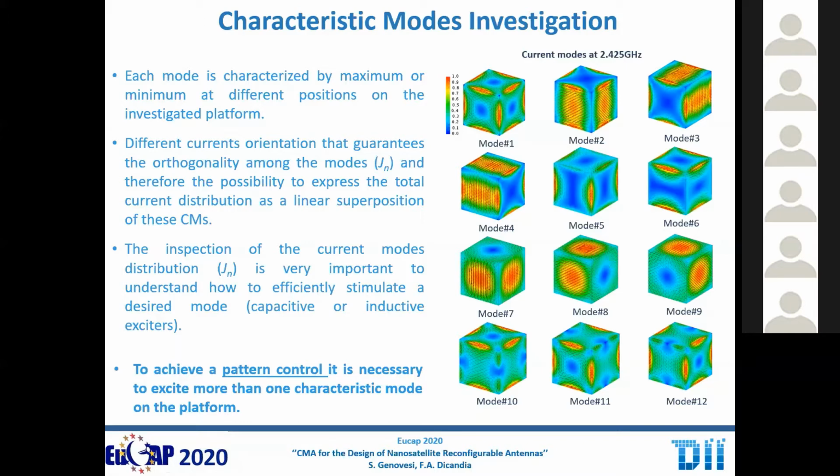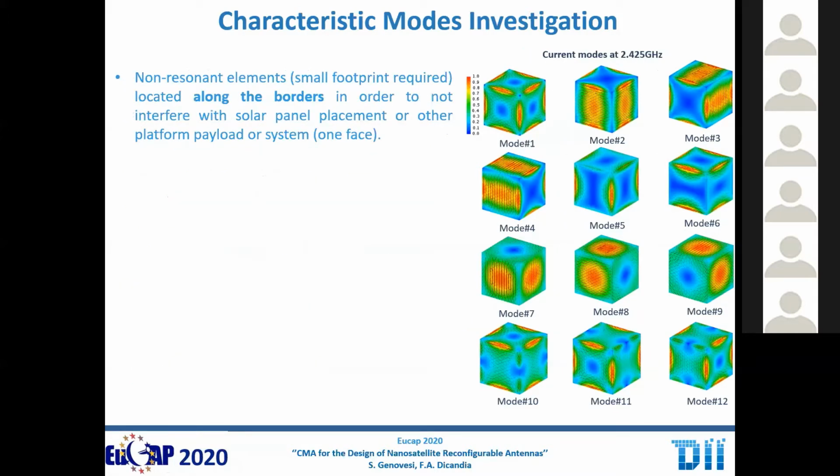So first of all, we decided to place the exciters along the borders, in order to save space and not interfere with solar panels or other platform or payload elements, for example cameras that can be placed in the middle of the face. And also we want to exploit only one face. These were the hypotheses that we made from the beginning.